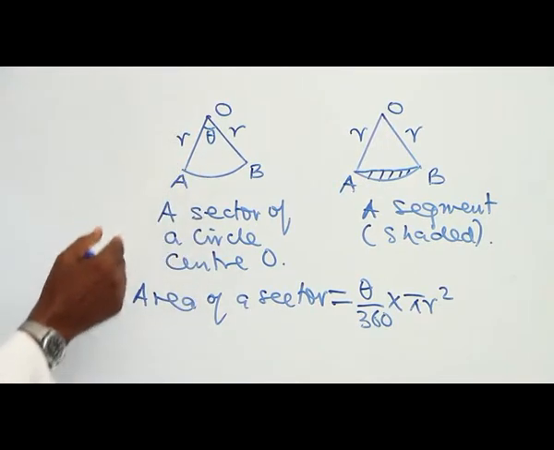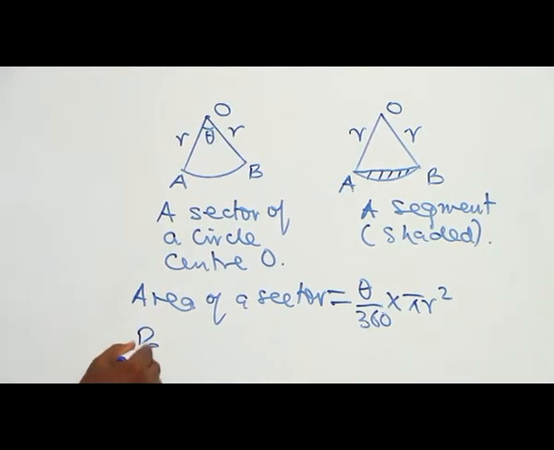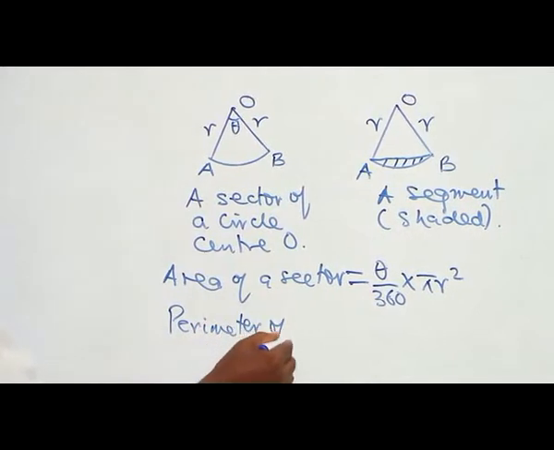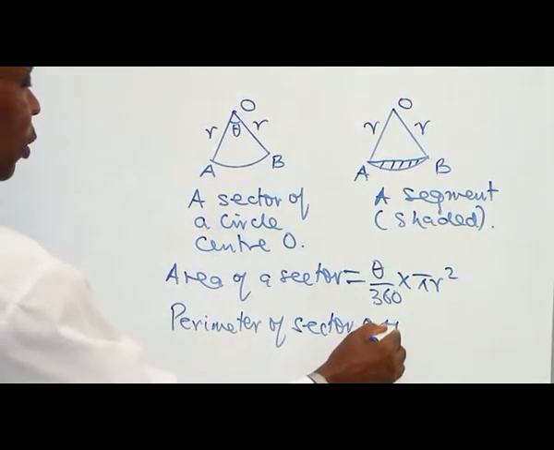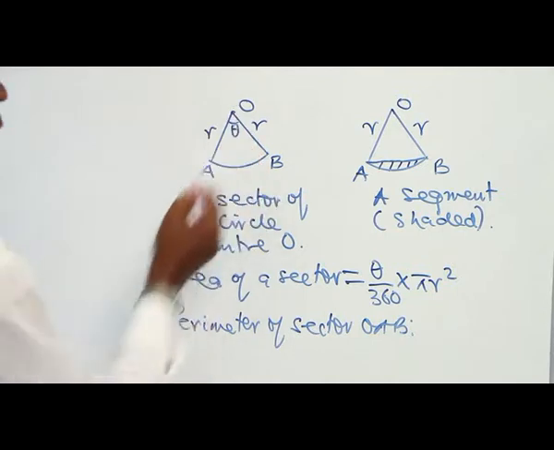Then now, what about the perimeter of this sector? So the perimeter of sector OAB. Now, finding perimeter means moving around the entire object.